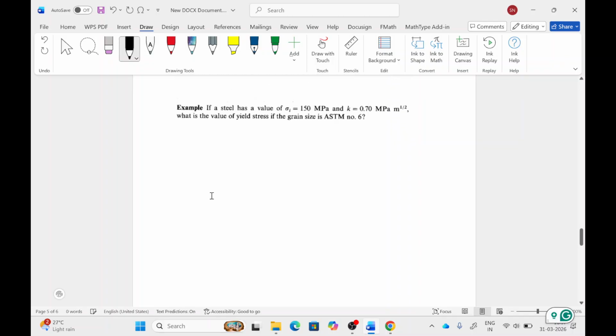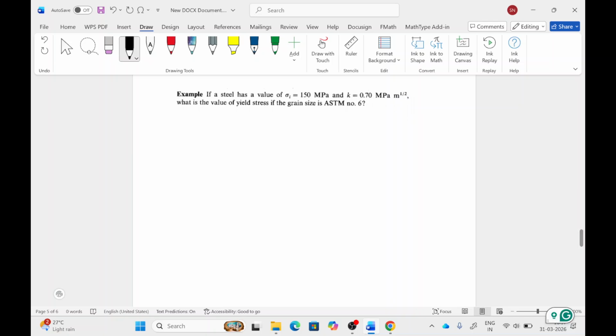So the next question is, if a steel has a value of sigma I of 150 MPa and K is 0.7 MPa square root of a meter. Here it is given as square root of meter, so we will take the grain size in meter, or we can convert from micrometer to meter also.